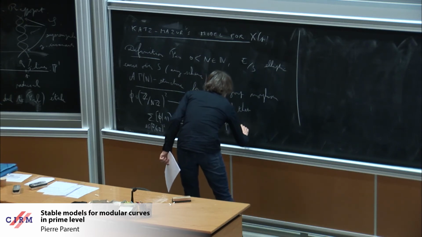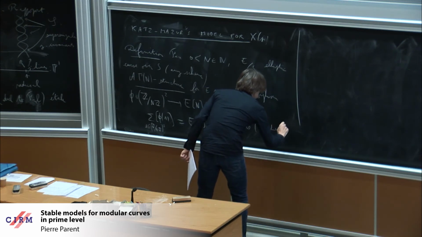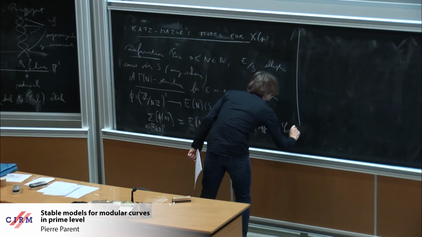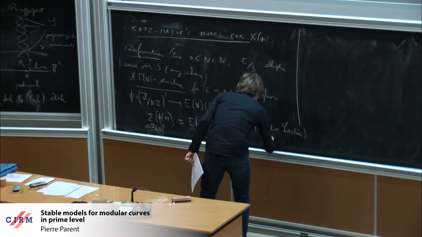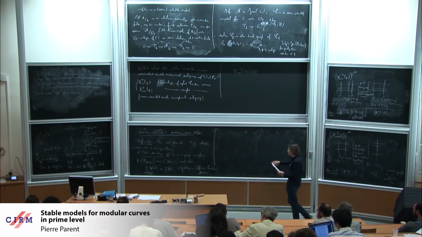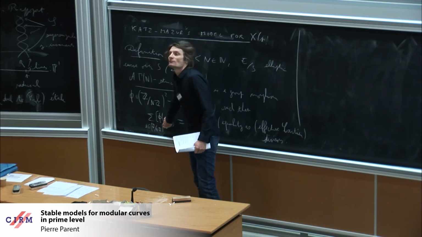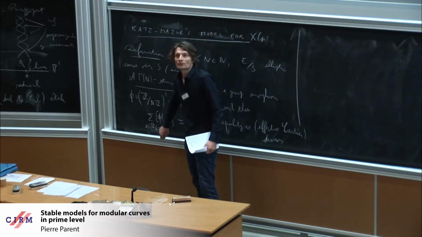So this is an equality as divisors, and actually as effective Cartier divisors. An effective Cartier divisor is just a flat divisor such that its sheaf of ideals is an invertible sheaf. So you look at the images of the points by your phi.